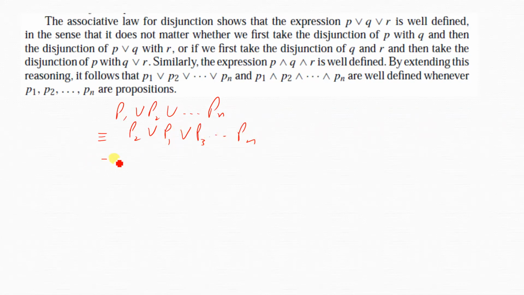This is also equivalent to Pn or P1 or P3 or P2, up till Pn minus 1. So you can change the order and you will get the same truth value. Similarly, you can extend the associative law for the AND operator as well.